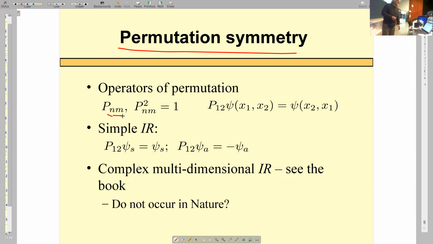Let me give the simplest example, two particles with a wave function like this. We apply this permutation, what do we get? We get the wave function with exchanged arguments. One can do it for 3 particles. For them, just 2 arguments got exchanged, corresponding to particles 1 and 2.